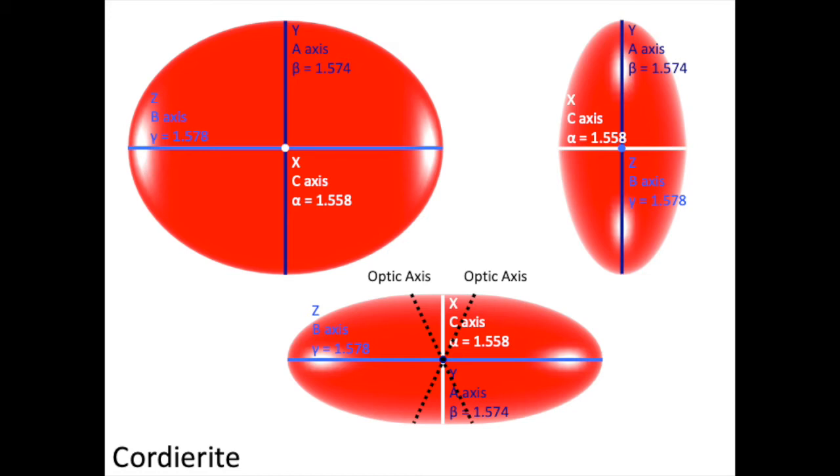And yes, there's an answer to these questions, and they're based on interference figures. So our next step was actually going to be looking at the interference figures seen in each of these views of our Cordierite. And these are important because they can let you know whether or not you're actually looking at these planes. But unfortunately, I haven't had much luck generating these interference figures with my current setup.